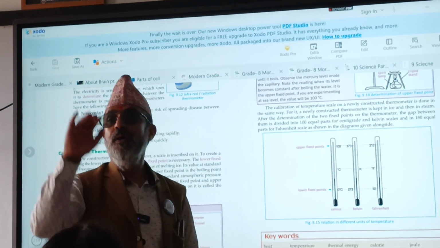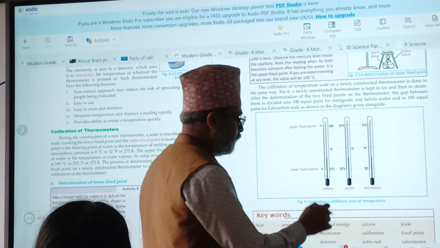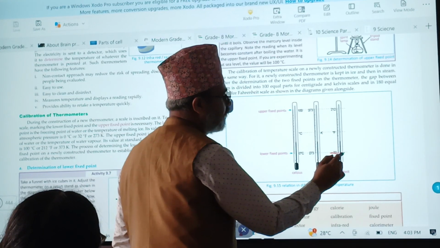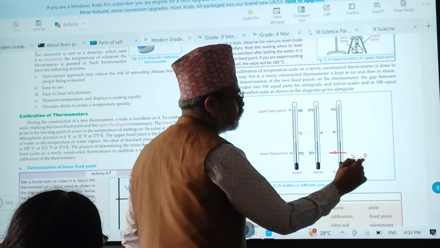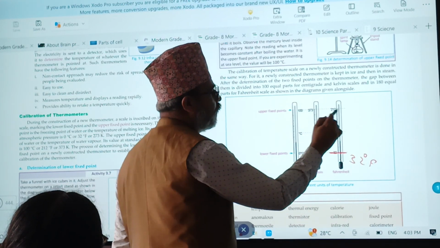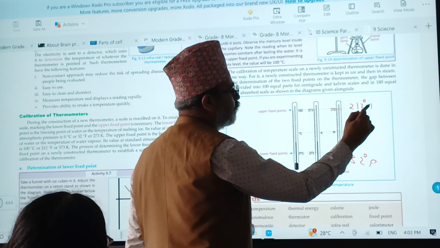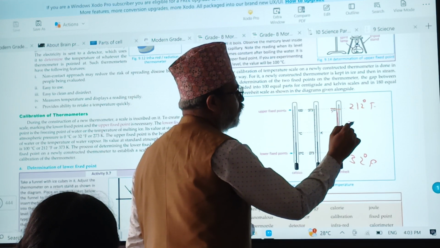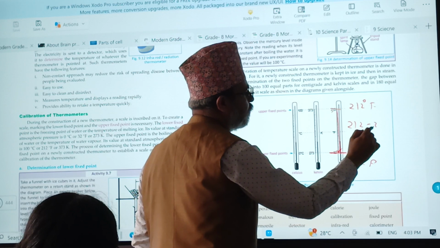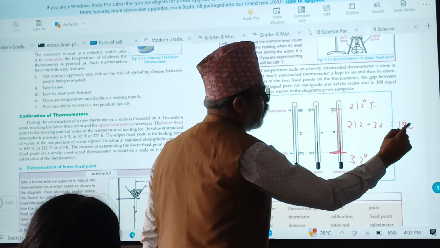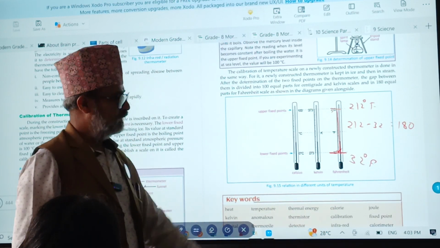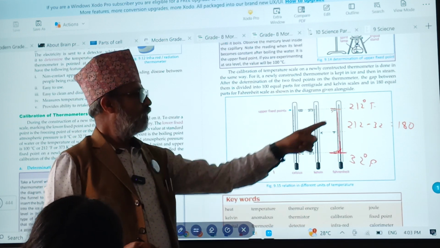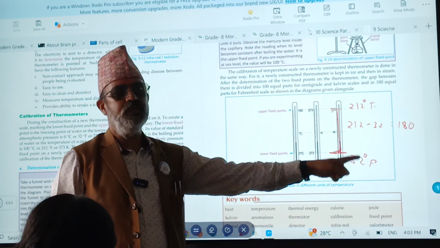In Celsius. But in Fahrenheit, what to do? In Fahrenheit, we have to mark the lower one as how much? 32 degree Fahrenheit. Upper one, 212 degree Fahrenheit. The distance between them must be divided into how many equal parts? 180. Because here 100 minus 0 is 100, but here 212 minus 32 is 180.